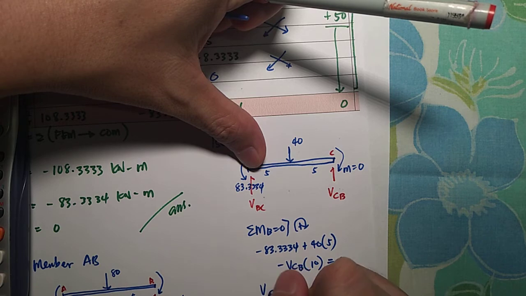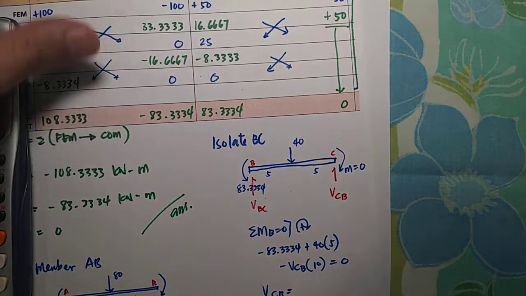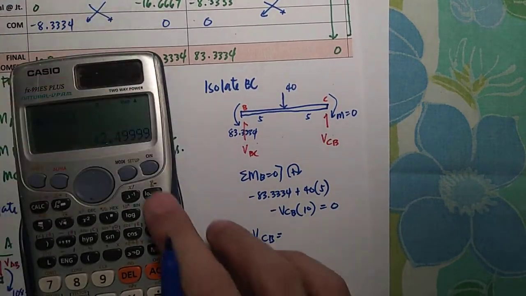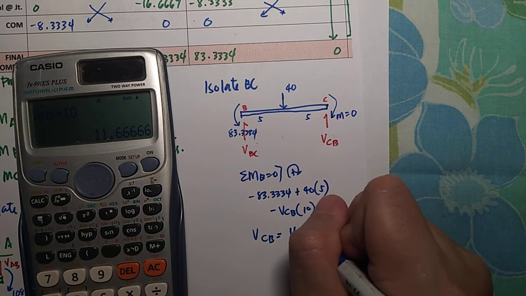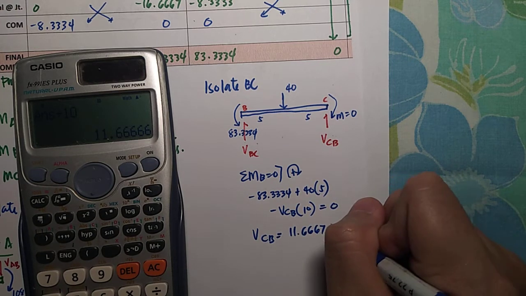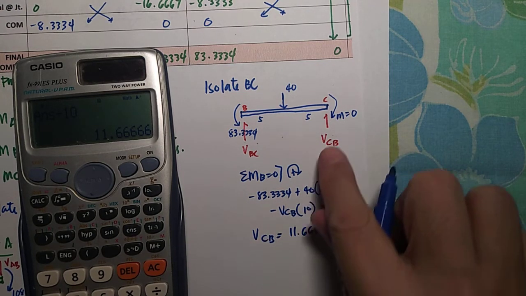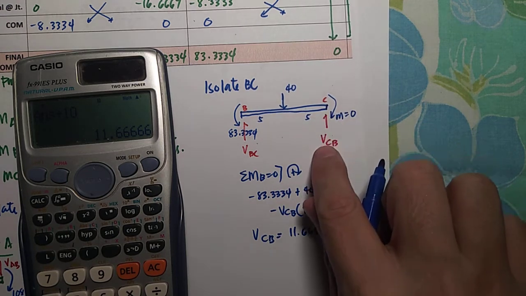So, makukuha ko yung shear sa CB. No? So, ang shear CB ko is negative 83.3334 plus 40 times 5 divided by 10. So we got 11.6667. CB here is positive. That means pataas siya.